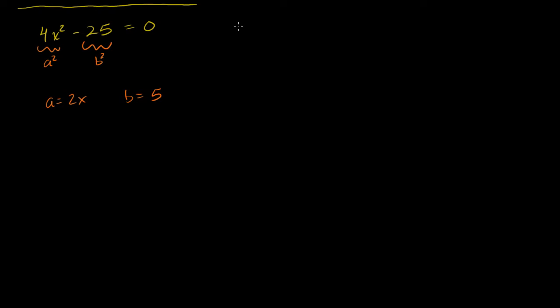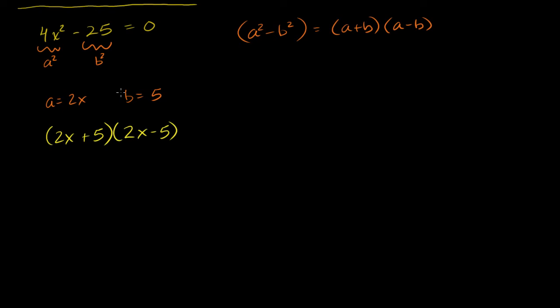So a squared minus b squared is equal to a plus b times a minus b. That means 4x squared minus 25 is going to be 2x plus 5 times 2x minus 5, and of course that will be equal to 0.